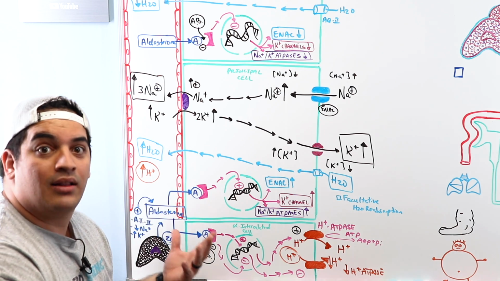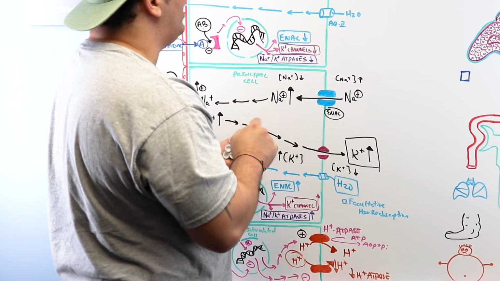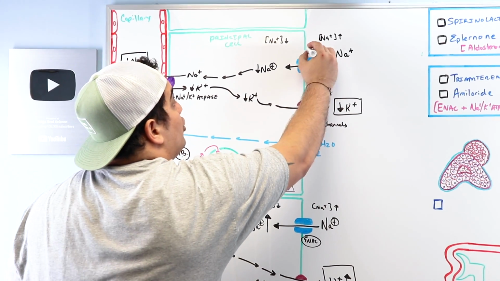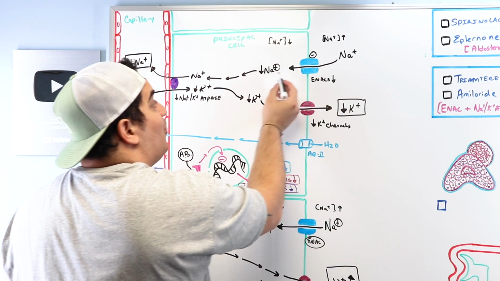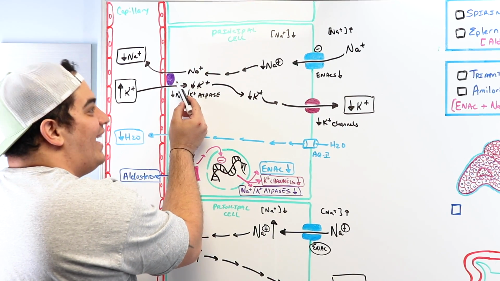Triamterene and amiloride, let's look back up here. It's very simple now. If we look here, triamterene and amiloride block this transporter. Less sodium gets into the cell, and it blocks the sodium potassium ATPases.